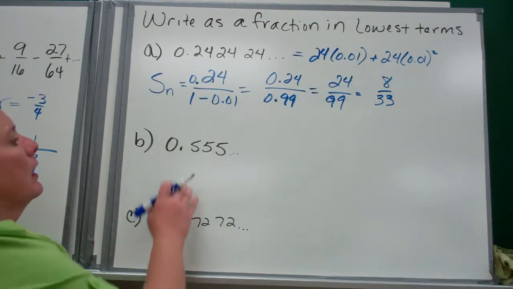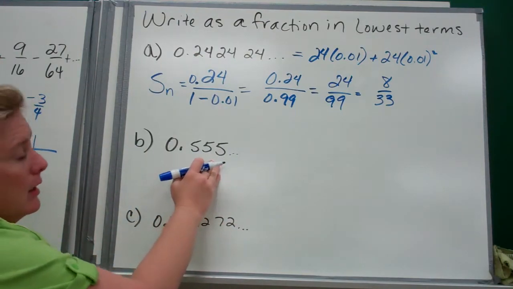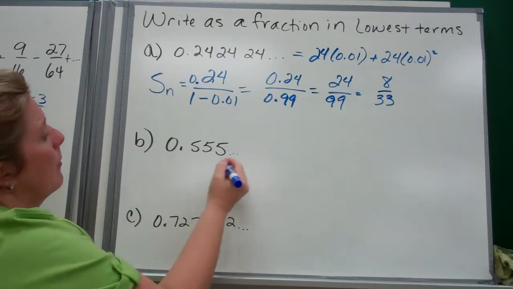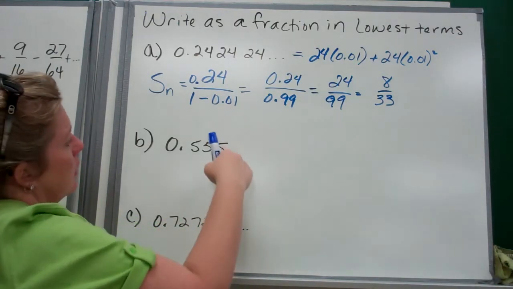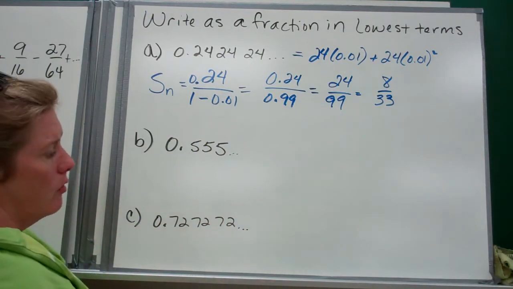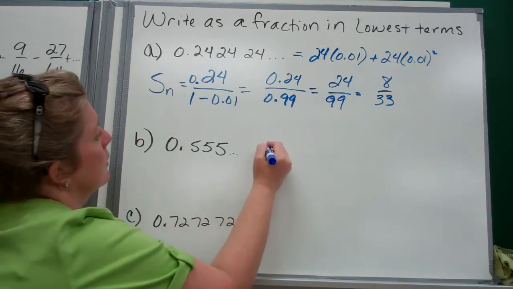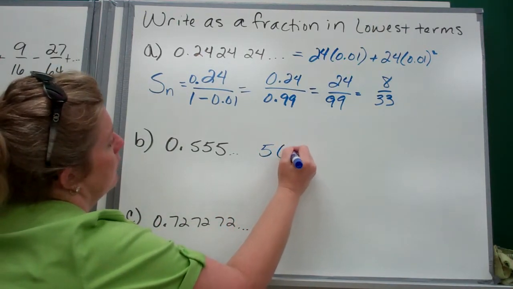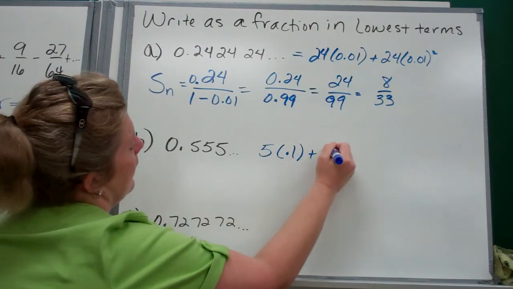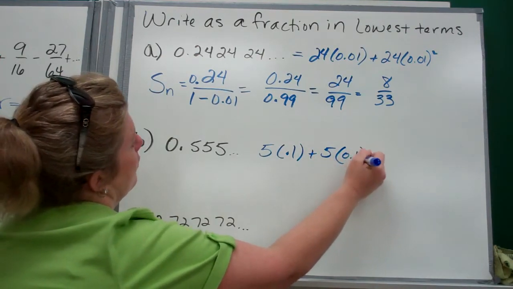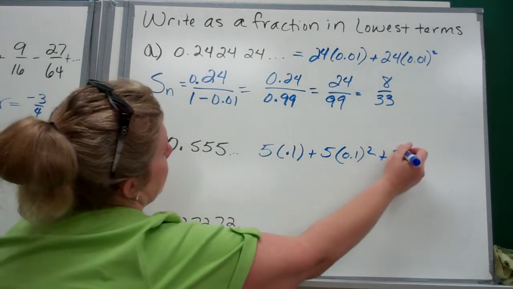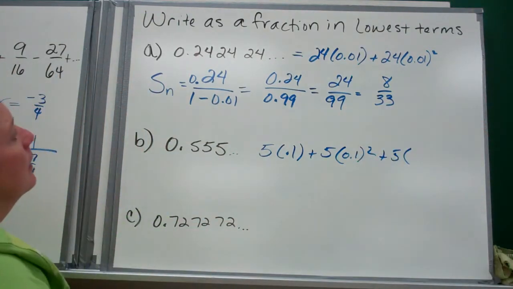This one, here's a repeating decimal. Some of you might know this, but basically your common ratio, instead of being 0.01, is going to be 0.1. So this is going to be 5 times 0.1 plus 5 times 0.1 squared plus 5 times, and so on.